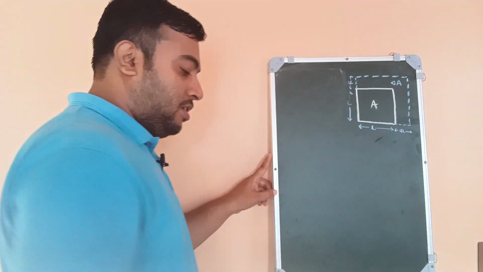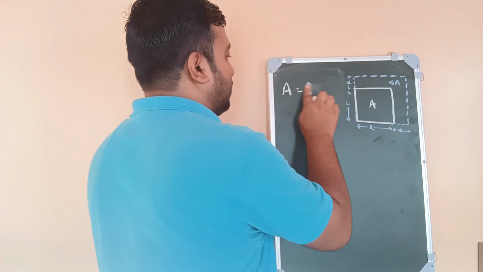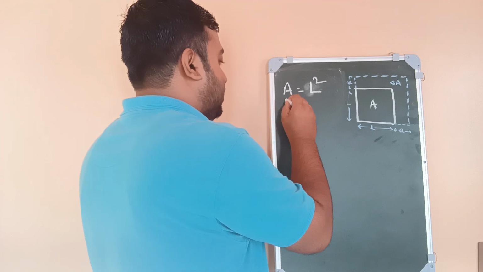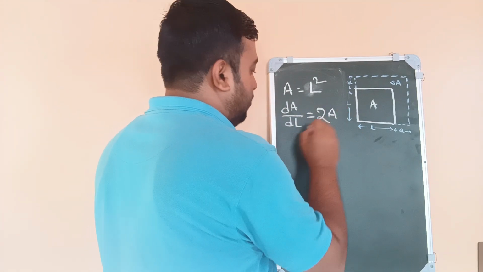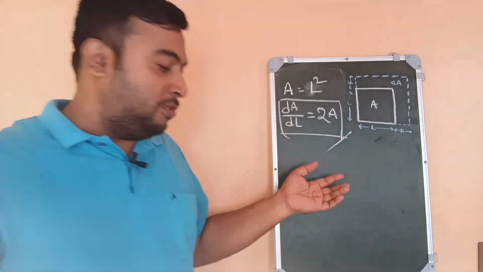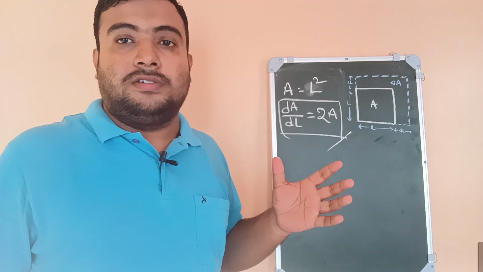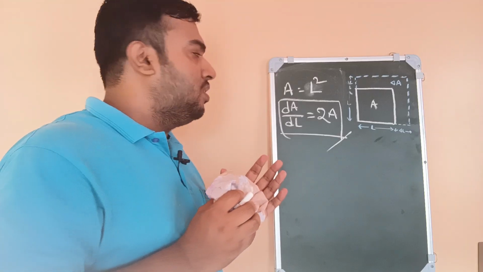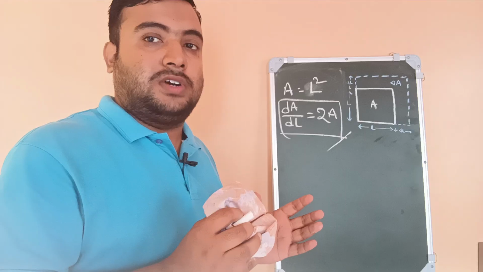If the area of a square is given as L squared, we will directly say that dA by dL is twice L. So how this formula comes, some formulas we have to remember to study physics. The formulas of some common functions should be remembered.